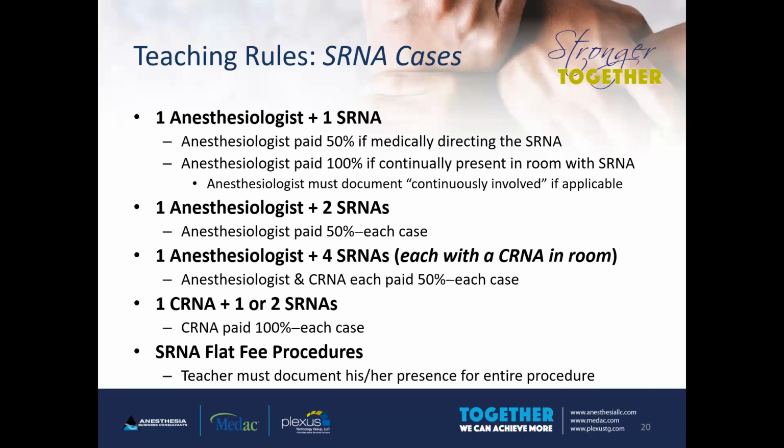So at that point, both the anesthesiologist and CRNA will get paid 50% on each case for each claim. If it's a CRNA who's teaching, and they're teaching either 1 or 2 SRNAs, they get paid 100% in each scenario for each case.